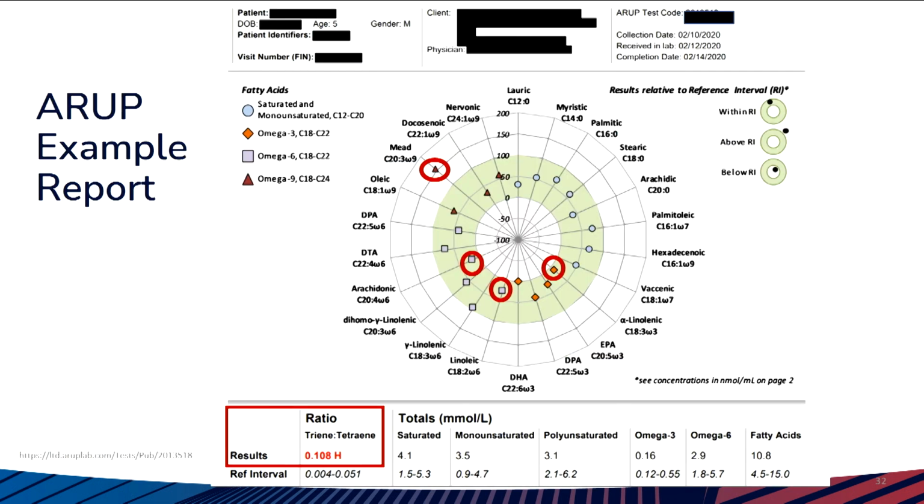So here's an example of what a report would look like from ARUP. Kind of busy. This one I always find hard to read when it's in this circle thing. But I think if you note at the bottom for their results, the TT ratio was 0.1. So we're below the Holman index, even though they listed it as high because it's outside of their reference ranges.